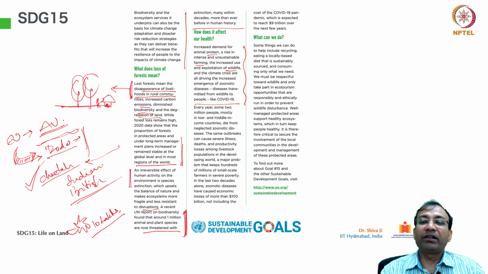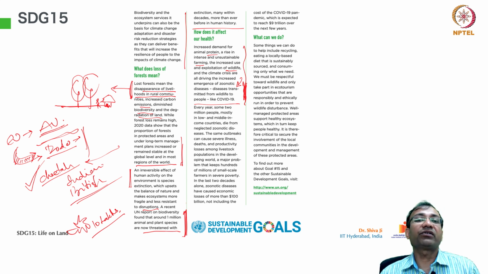So the problem mentioned here is that since there is a loss of forest and biodiversity, human society is now directly exposed to those wildlife forms to which we have not been conventionally exposed or in direct touch, right?